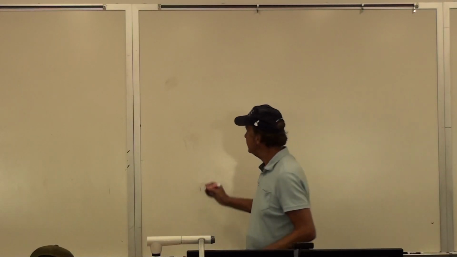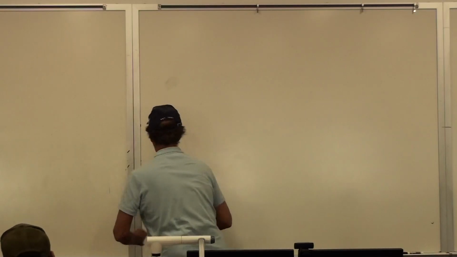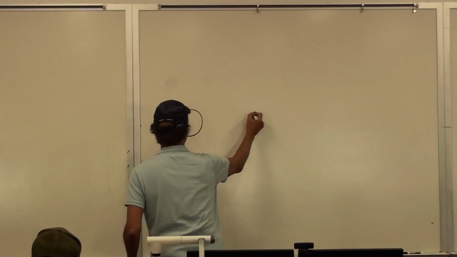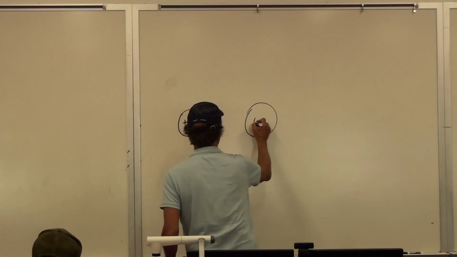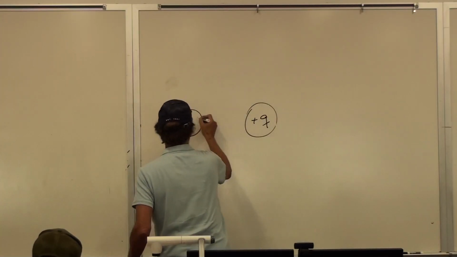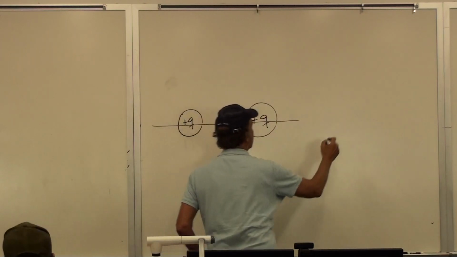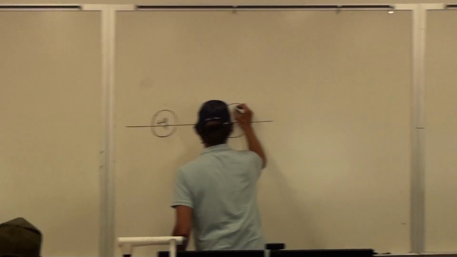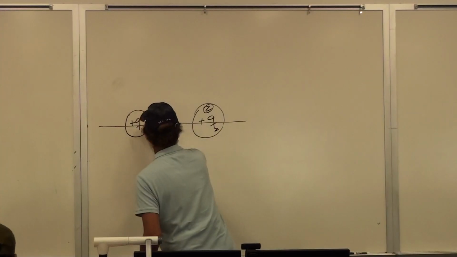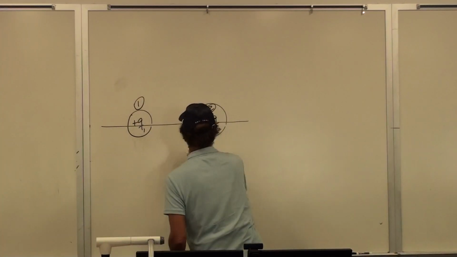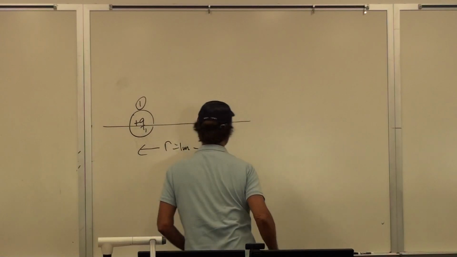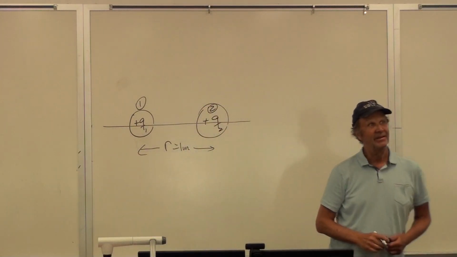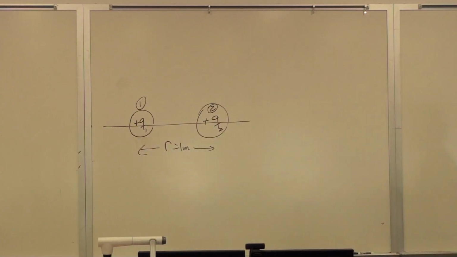All right, next, let's just take a look at two charges, plus Q, plus Q, and let's say that this is charge 2, this is charge 1, and this distance r is 1 meter. I'll use 1 meter a lot in these examples just because it makes the numbers easy to work out, so I don't have to use my calculator as much.